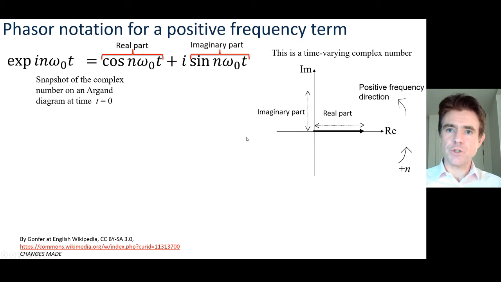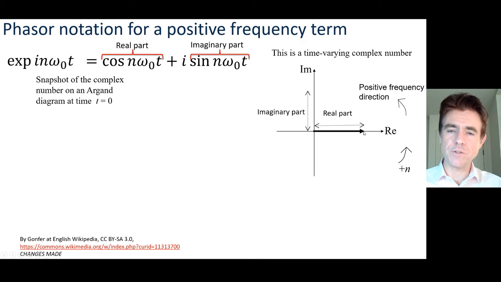Then we make the observation, of course, that as time increases, so t greater than 0, then obviously we're going to get components. We're going to get a positive value initially of the cosine. That will start to decrease. And then the sine term will also now kick in as well. That'll take on a positive value. And what will happen then is that this line will start to move.